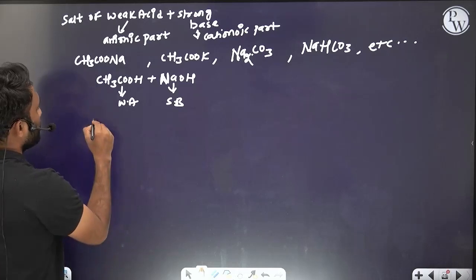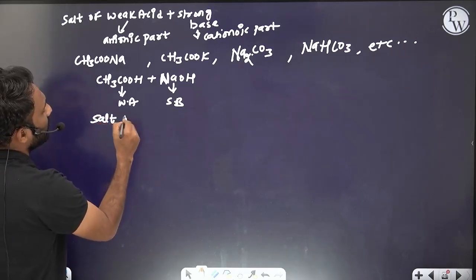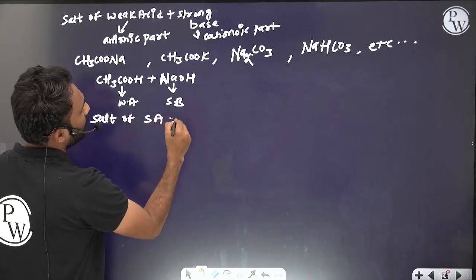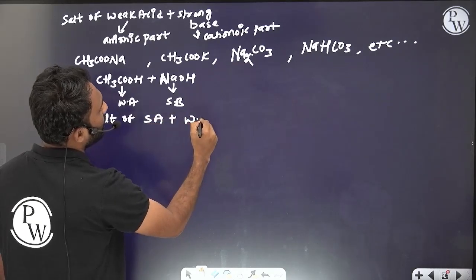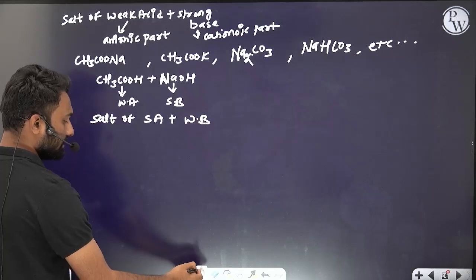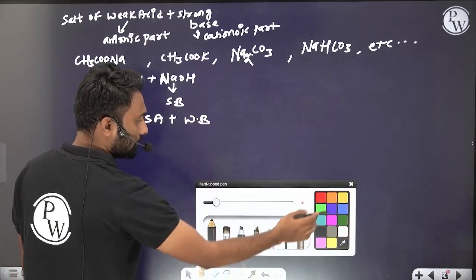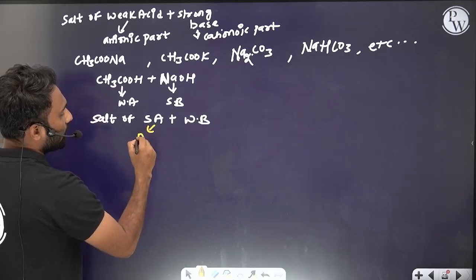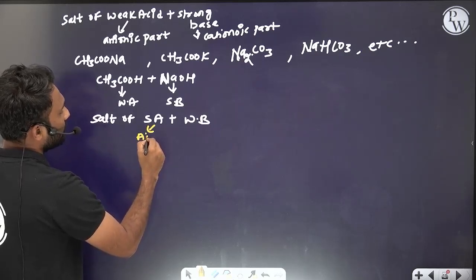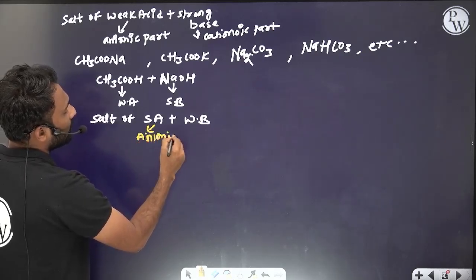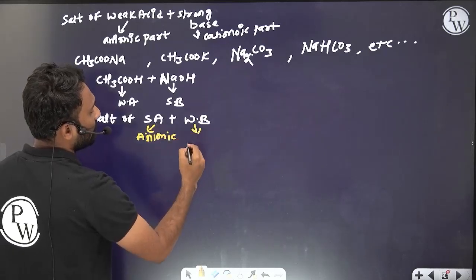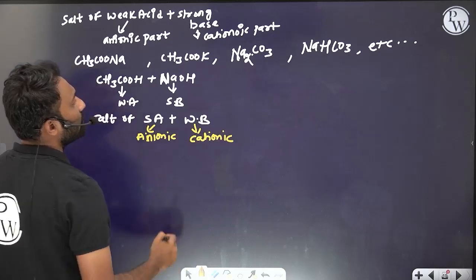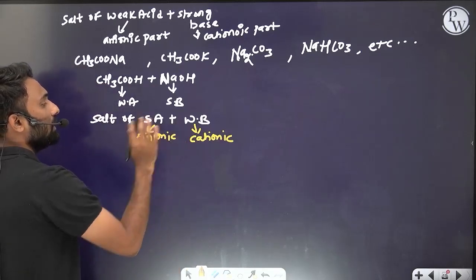Next, salt of strong acid plus weak base. Now here the anionic part should be the strong acid, and the cationic part should be the weak base.